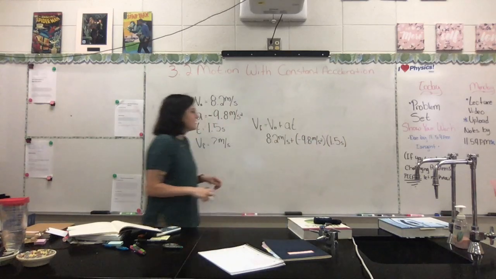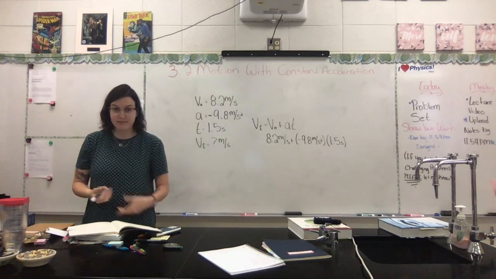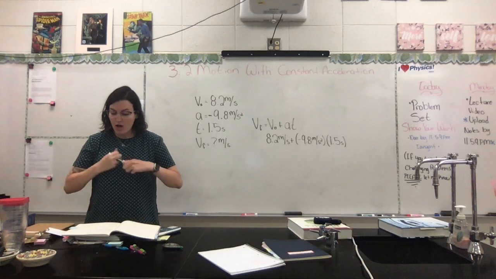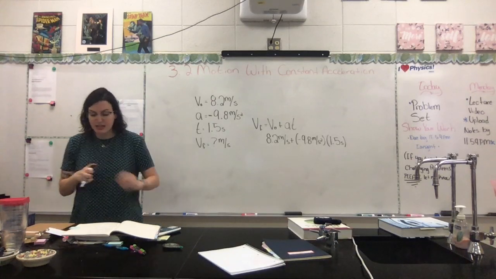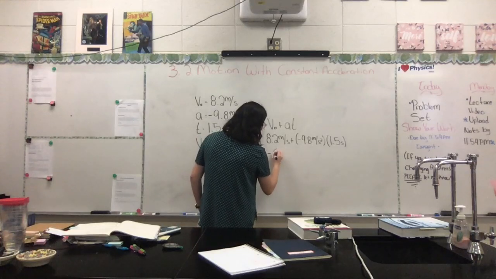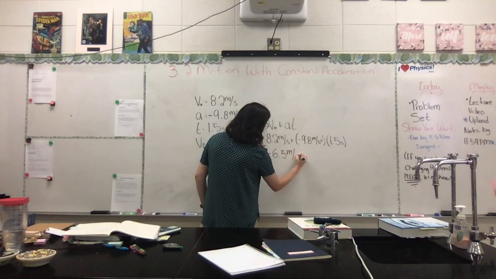All right, type that into your calculator and see what you get. Okay, hopefully when you typed it in, you got an answer of negative 6.5 meters per second.